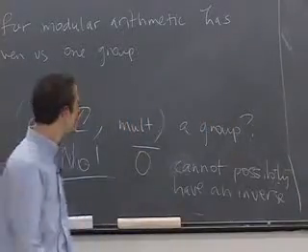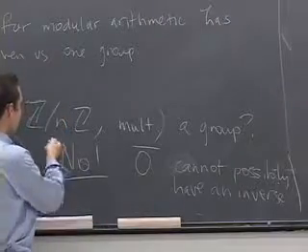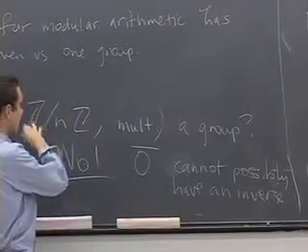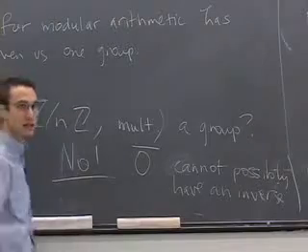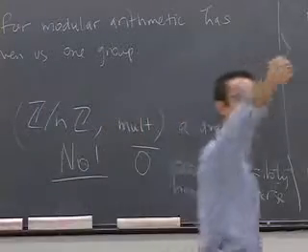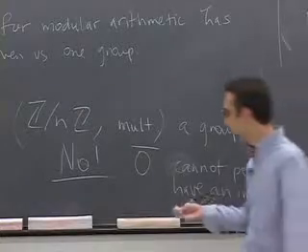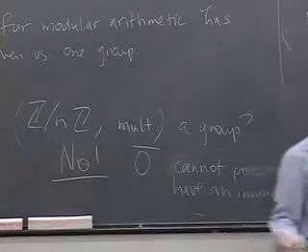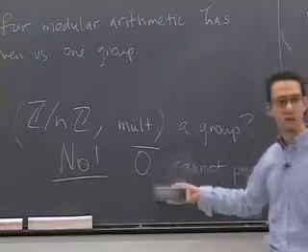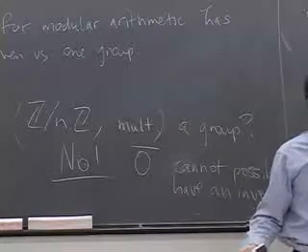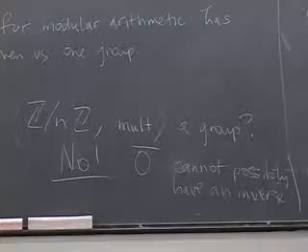But can somebody see a subset of Z mod nZ which gives a group? Go ahead. Exactly. You just do the simplest thing. The problem here is that there are things which don't have inverses. So you just take the ones that have inverses.